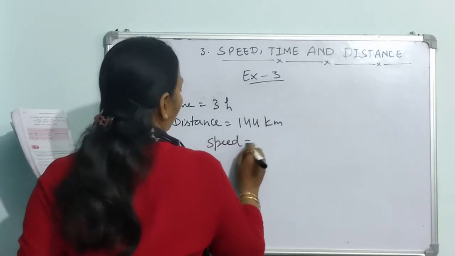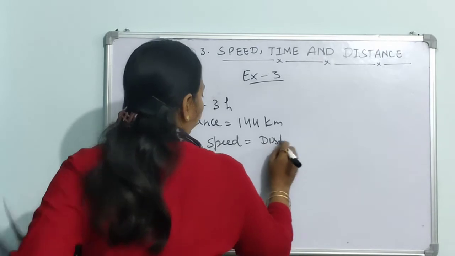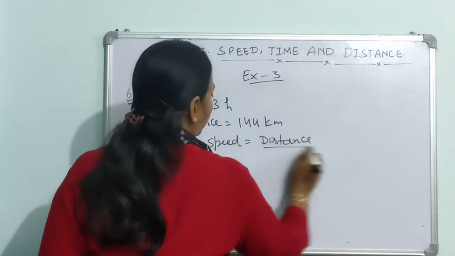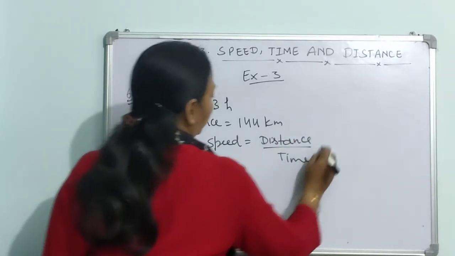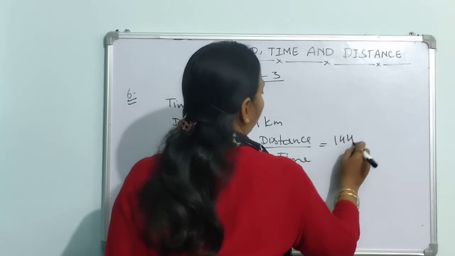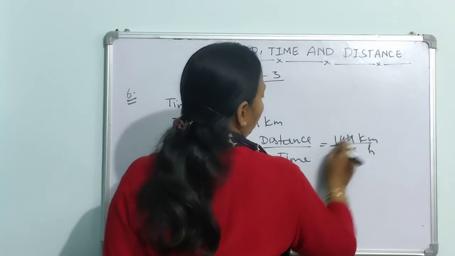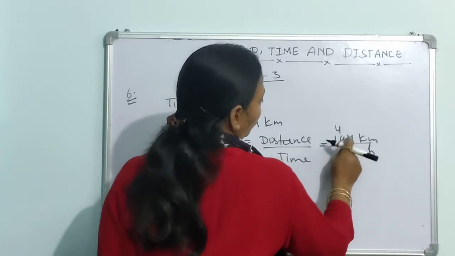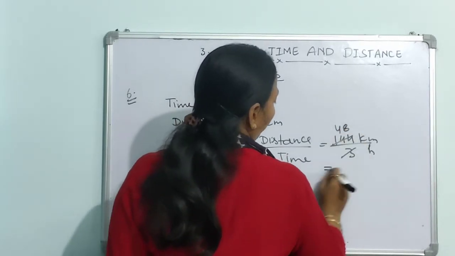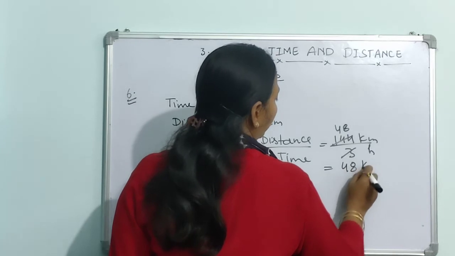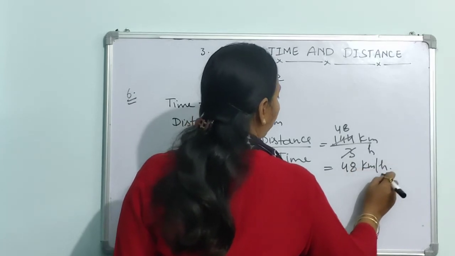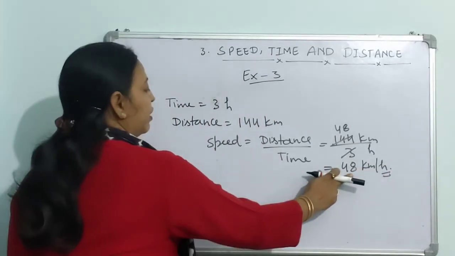Speed is equal to distance upon time. 144 kilometer divided by 3 hours. 3 fours are 12, 3 eights are 24. So 48 kilometer per hour is the speed. Now the train is traveling with this speed.